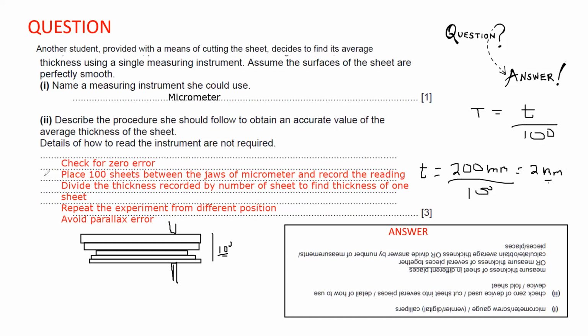So the main purpose for this second point is to improve the experimental accuracy, because measuring the thickness for one will be very small and it may lead to an error. But when we record the thickness for 100 sheets, it's a large value, so it will reduce the chance of error.